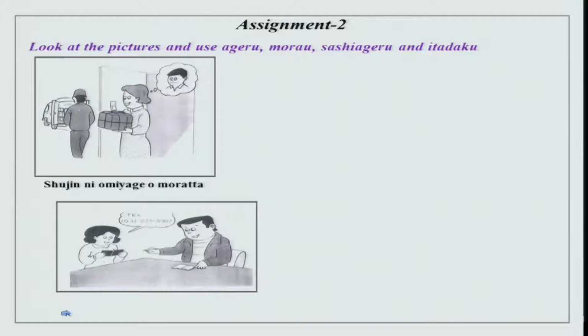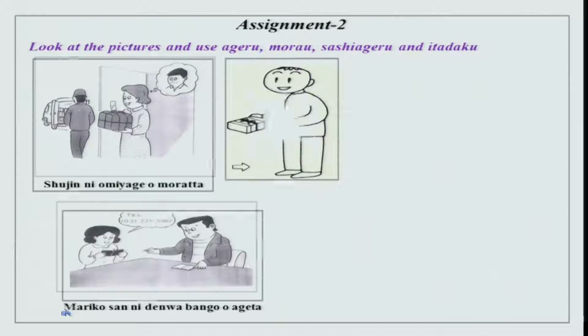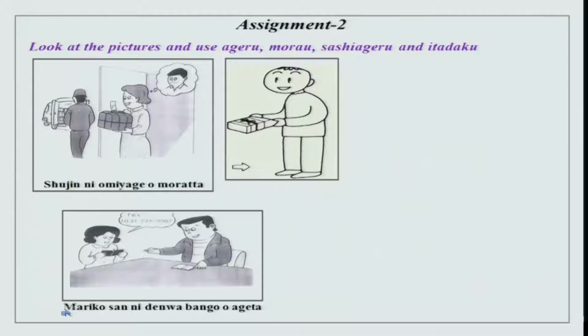Then again he is giving something. Let us see what he is giving. Well, Tanaka-san is giving his telephone number to Mariko-san. Mariko-san ni denwa bango o ageta. Then we have this gentleman over here. He is receiving something or could be giving something.